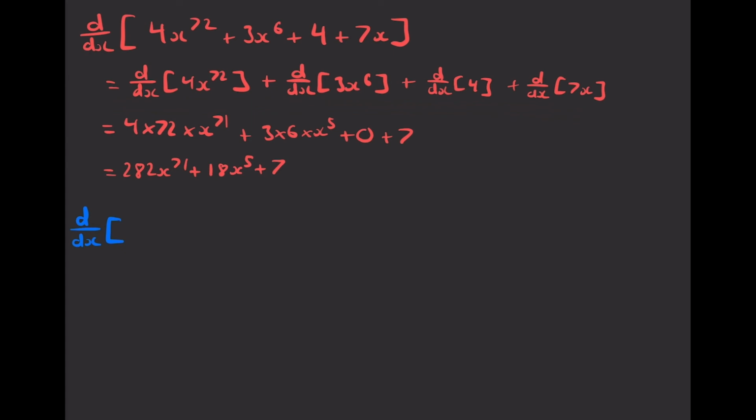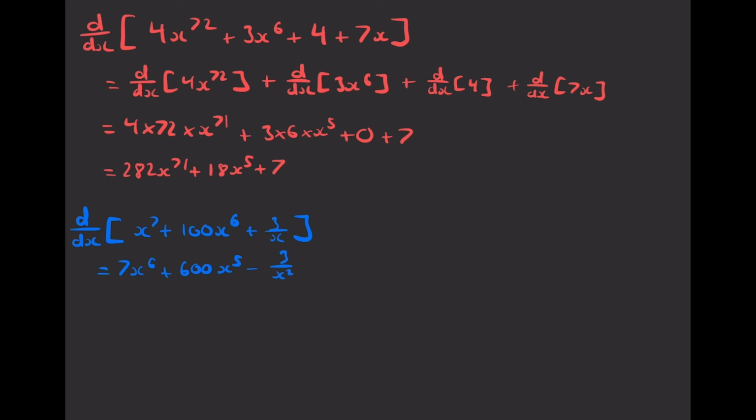Let's say we have the derivative of x to the power of 7 plus 100 x to the power of 6 plus 3 over x. So the derivative of this will be 7x to the power of 6 plus 600 x to the power of 5 minus 3 over x squared.